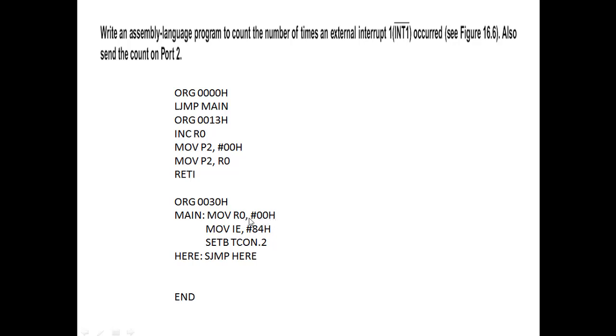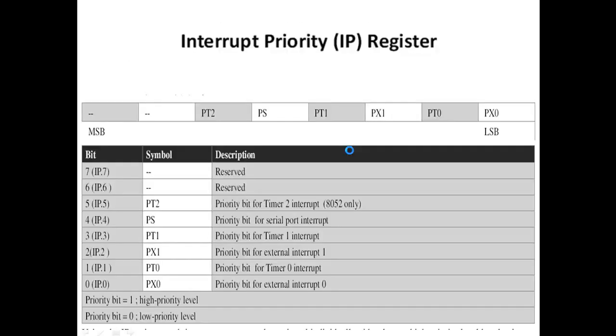Now remember, first of all, to enable any interrupt you need the IE register, the interrupt enable register, to be configured. For that, the EA bit has to be set to 1 and the corresponding interrupt bit has to be set to 1, and we have already seen that. We are talking about interrupt 1. Let's go back a bit.